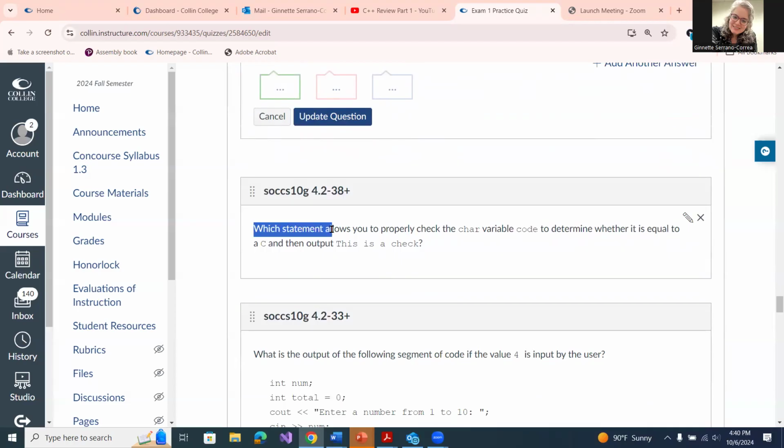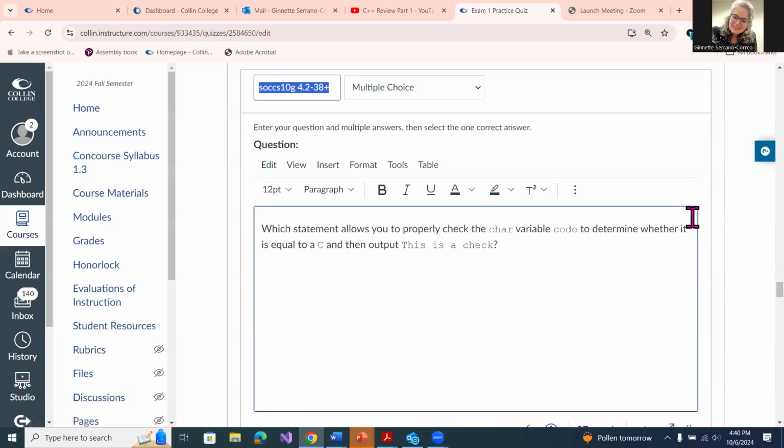Okay, so this question, which statement allows you to properly check the character variable code to determine whether it is equal to C, and then output this is a check?